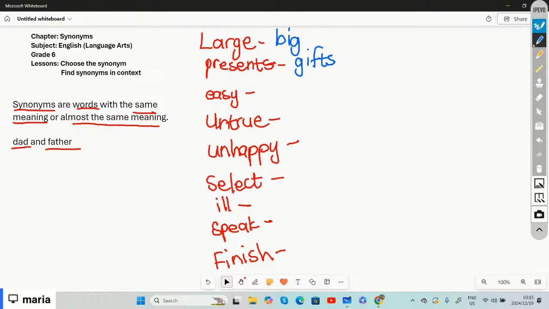Simple. Oh, okay. Easy. What is another word for easy? I just gave the answer.